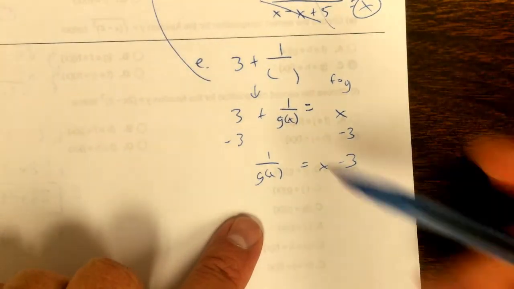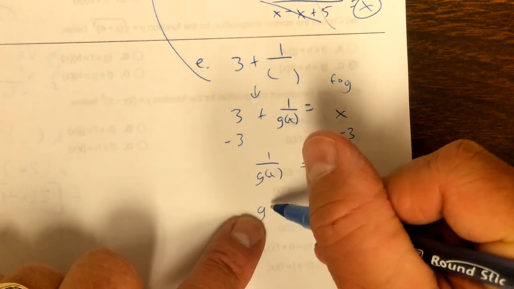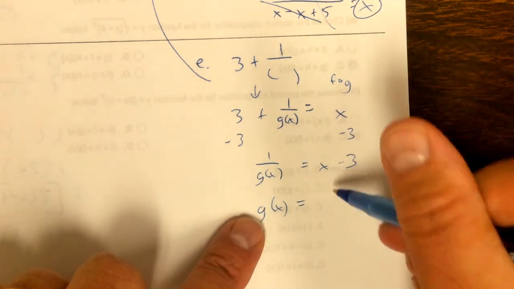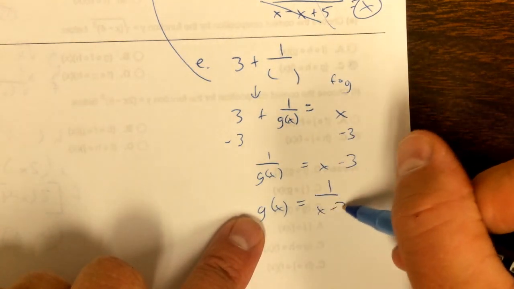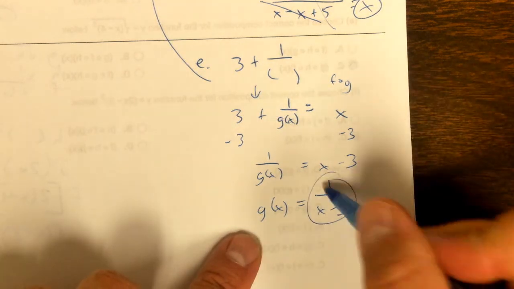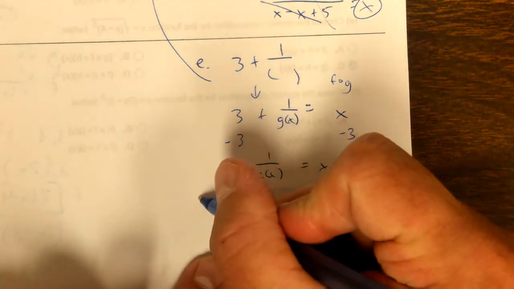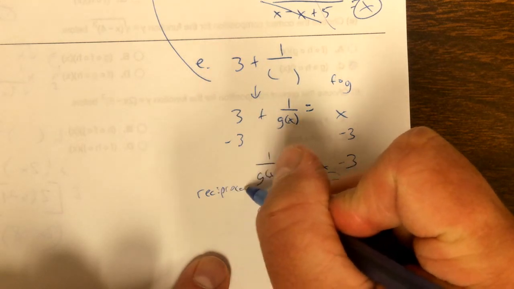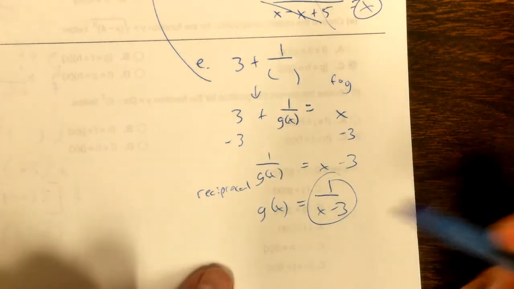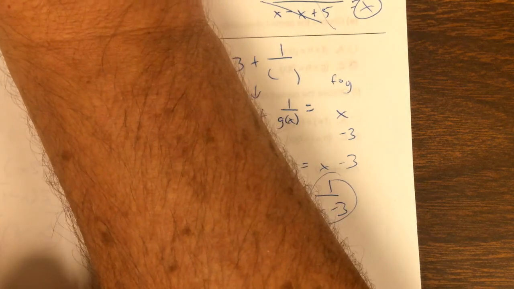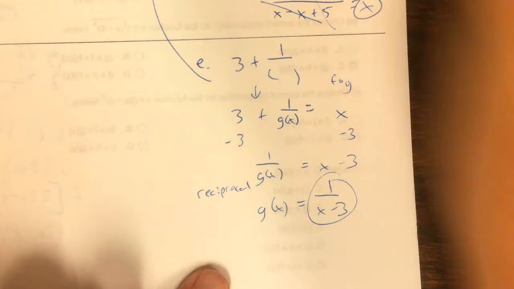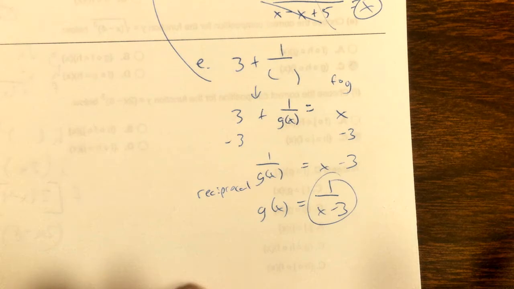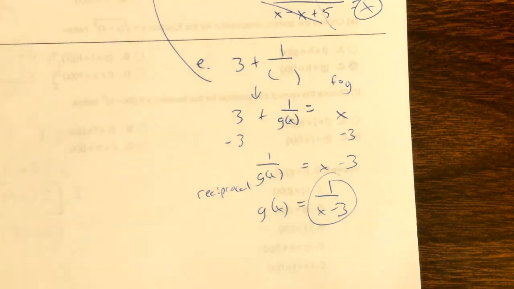So when you flip it, g of x goes on top, and it becomes 1 over x minus 3. So that's the reciprocal. So 1 over x minus 3.